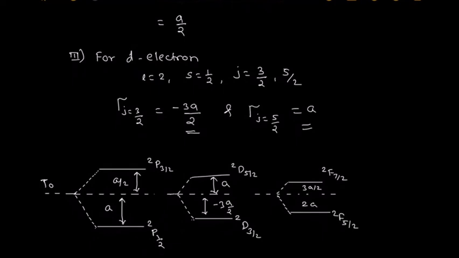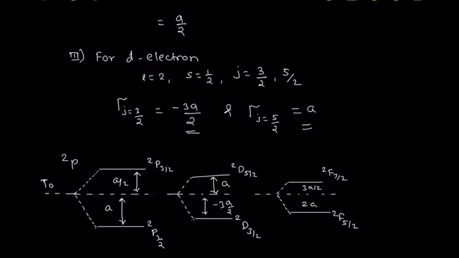This is the complete term value for the doublet terms. First, we write for doublet P. T0 is the hypothetical center of gravity for the doublet fine structure, and the doublet P has two terms, doublet P half and doublet P 3 by 2.